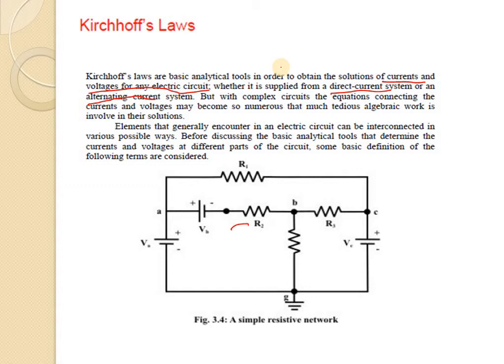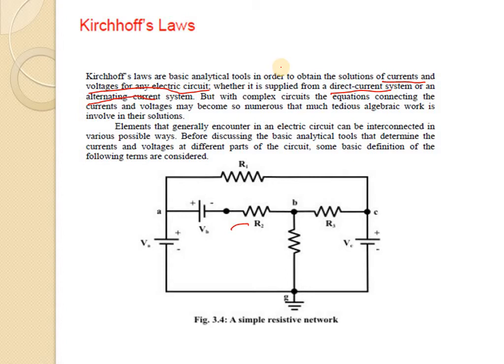For that case, several theorems are also there to solve those kinds of larger problems. But here we will discuss only the simplest form of electrical circuit law, that is Kirchhoff's law.